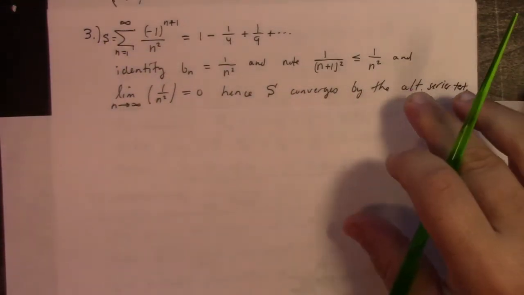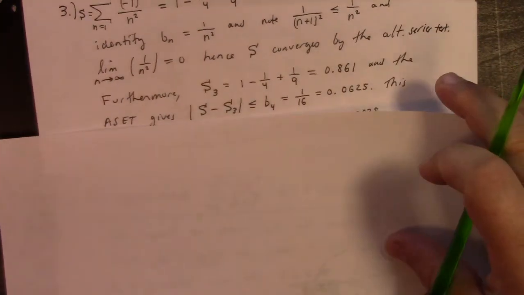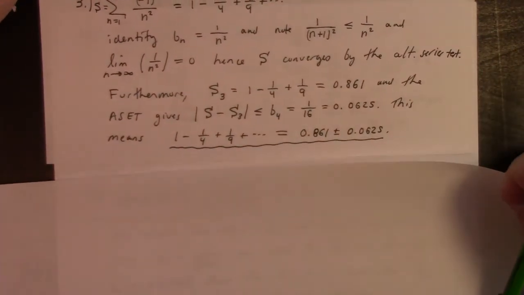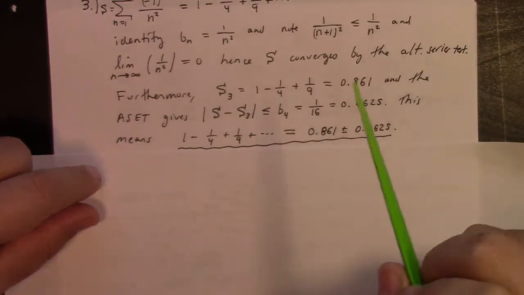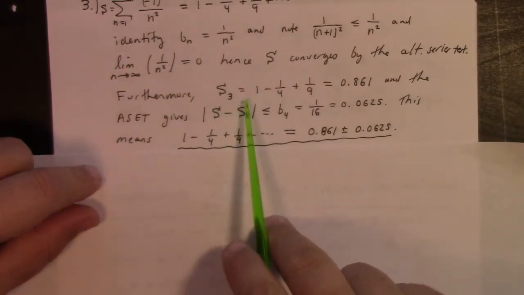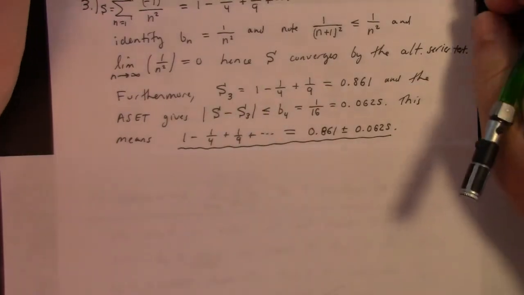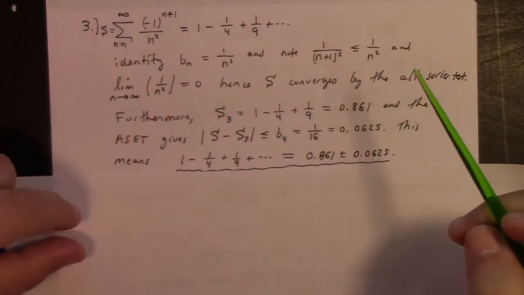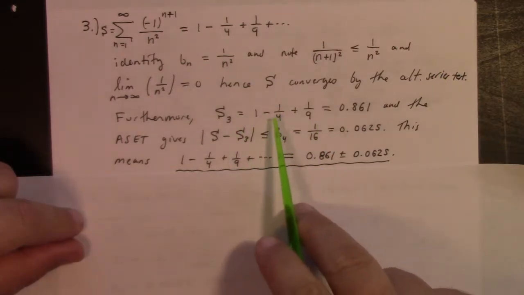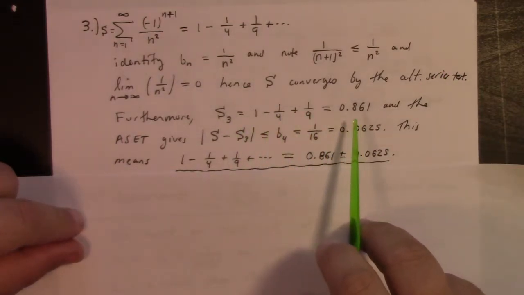Furthermore, if I wanted to approximate it, I could. So the third partial sum, 1 minus 1/4 plus 1/9, is about 0.861.